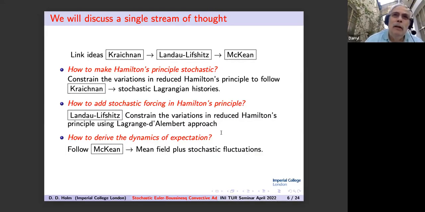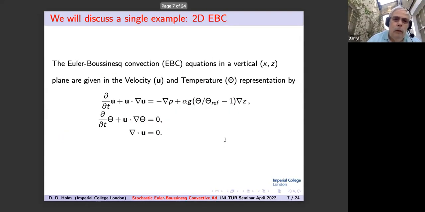That approach allows you to constrain the variations so that the force that you're trying to add doesn't do any work. And finally, to derive the expected dynamics, or the dynamics of the expectation quantities and covariances and statistics, tensor variances, we follow McKean. Henry McKean introduced the idea of this mean field plus stochastic fluctuations in a fundamental mathematical way, and it fits into this whole framework. We take the variation and then we follow McKean. Okay, this is what we're doing.